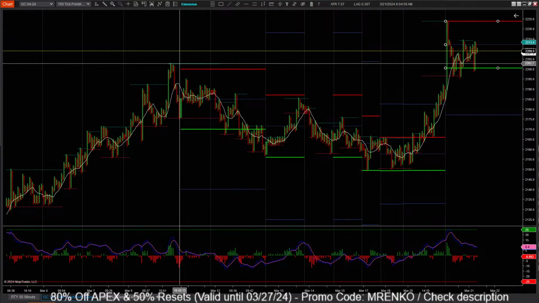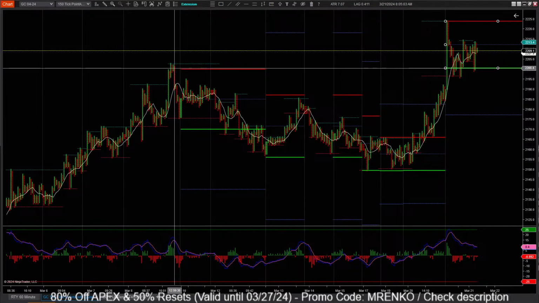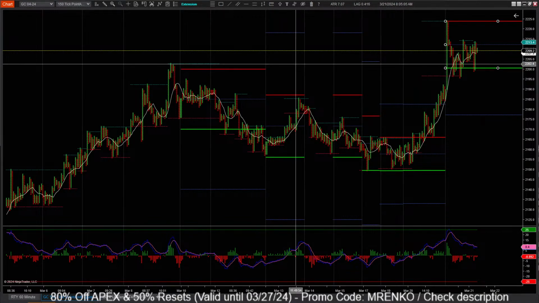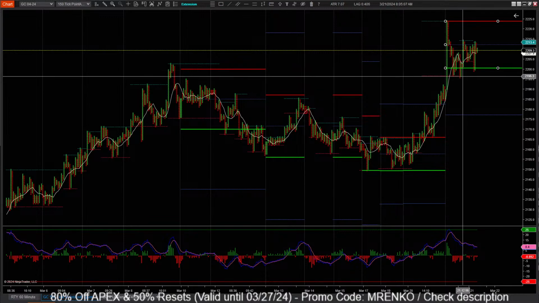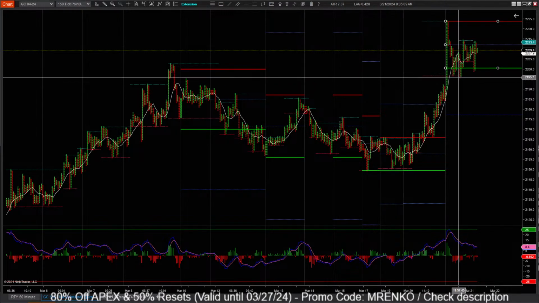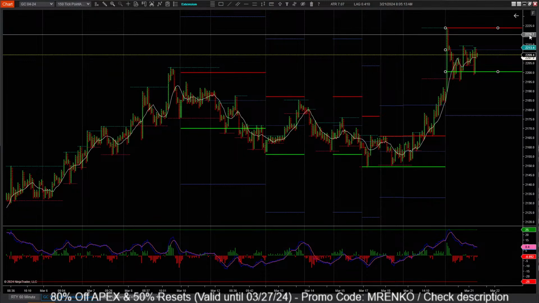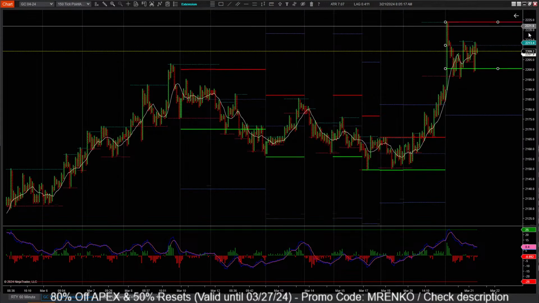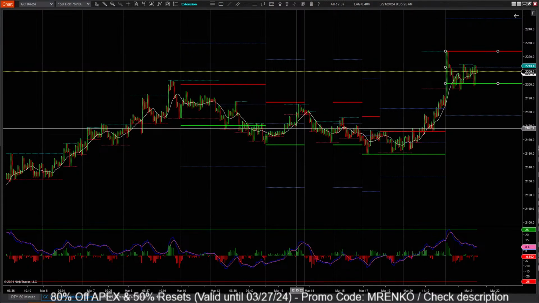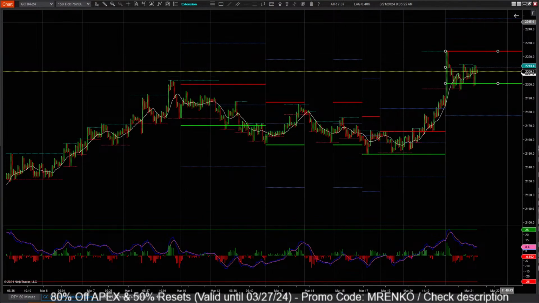You can argue that it's 2,203, but I'm gonna go with the rounded number right here, and it has a couple of bottoming tails right below, and we are bullish. I have said that several times. We are bullish in gold, and not been proven wrong so far.